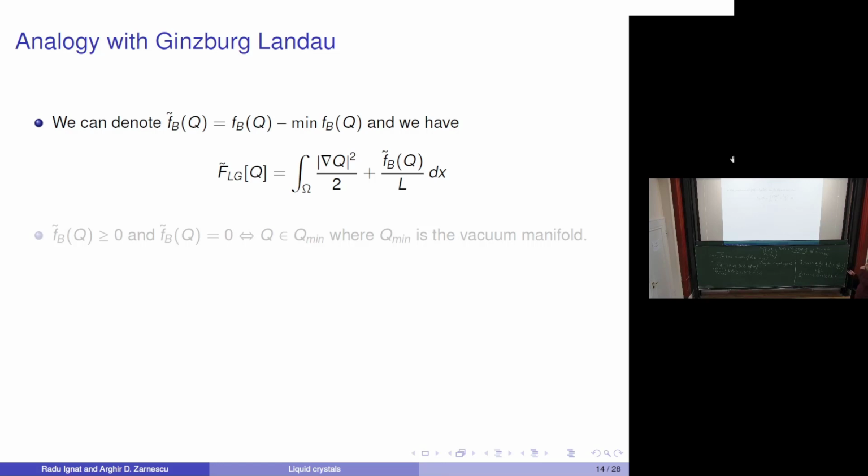So this is the kind of energy that was before, but L was here. I'm trying to minimize an energy function, so if I multiply it by a constant, that won't change the minimizer. So I can put the L to divide by L here.